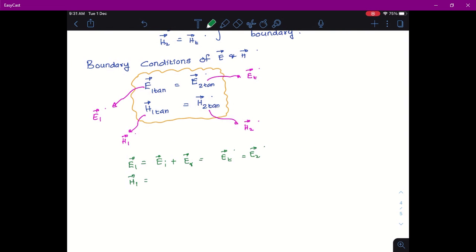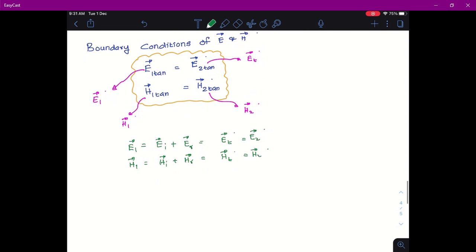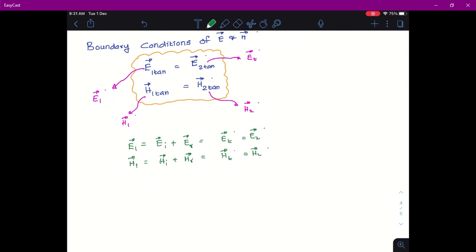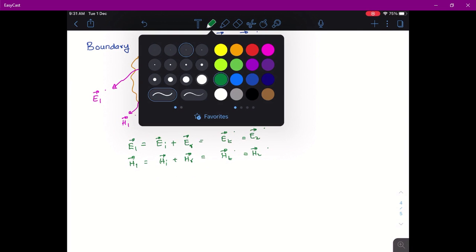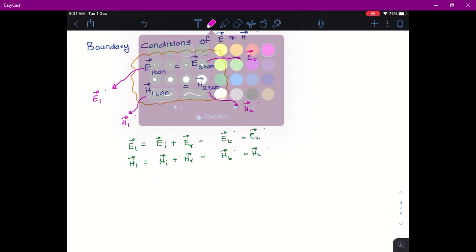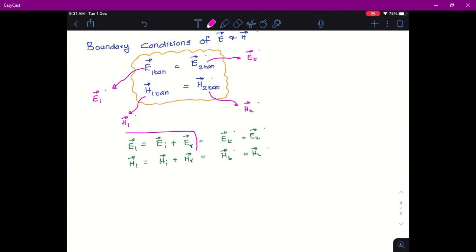H1 is equal to HI plus HR is equal to HT, that is equal to H2. So basically you are grouping it something like this.